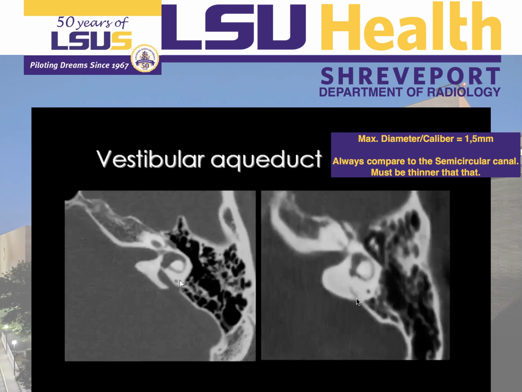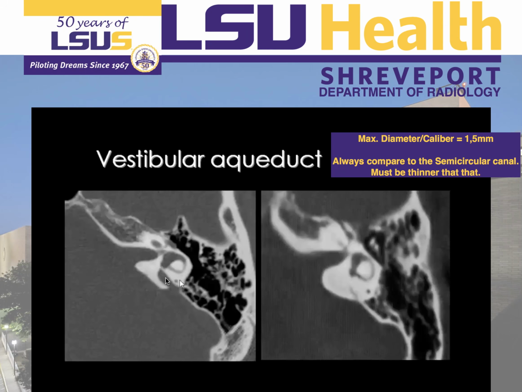How do I know if this is normal or not normal? The vestibular aqueduct shouldn't be bigger than the posterior semicircular canal. The vestibular aqueduct is always posterior to the posterior semicircular canal, and you use the posterior semicircular canal as a reference to know if the vestibular aqueduct is enlarged or normal.